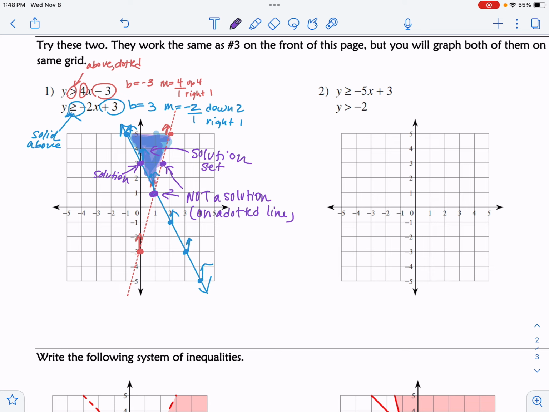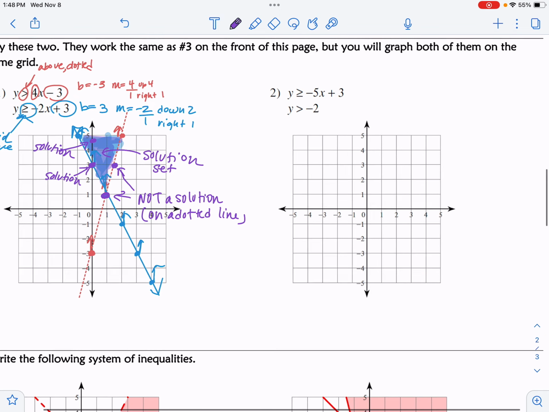You either want to be in the pool or on a solid line. You don't want to be standing on a dotted line. Say not solution. So for example, this point would be a solution. Any point in that shaded region or on this solid line would be a solution.